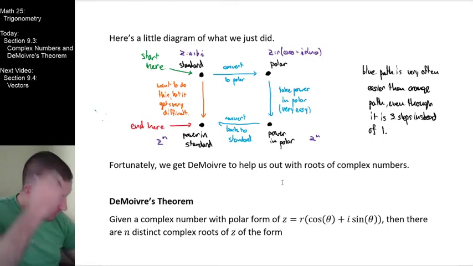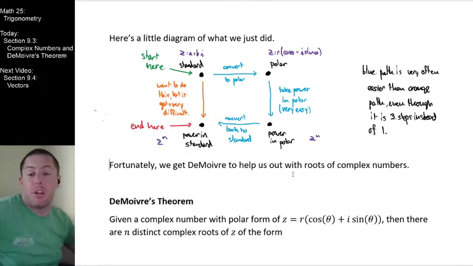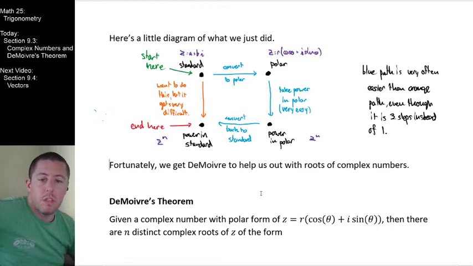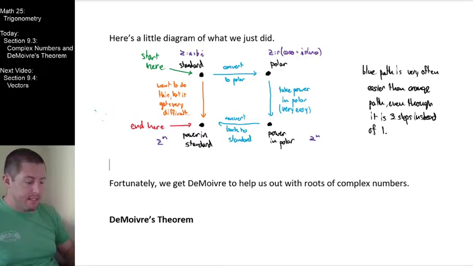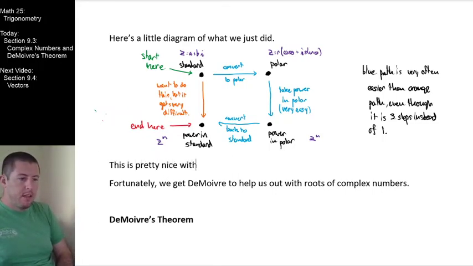So typically this is the encouraged route to do this. Convert to polar, take your power in polar using our very simple power rule, and then convert back to standard. So coming up next, this is pretty nice with integer powers.